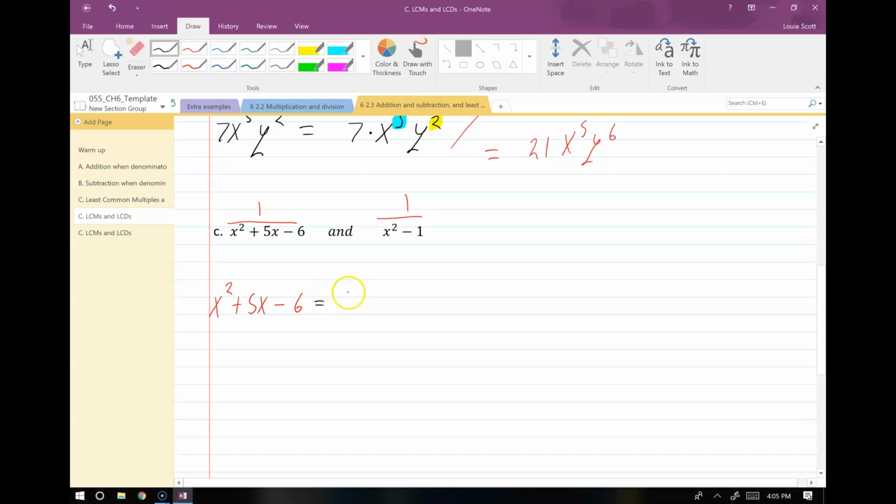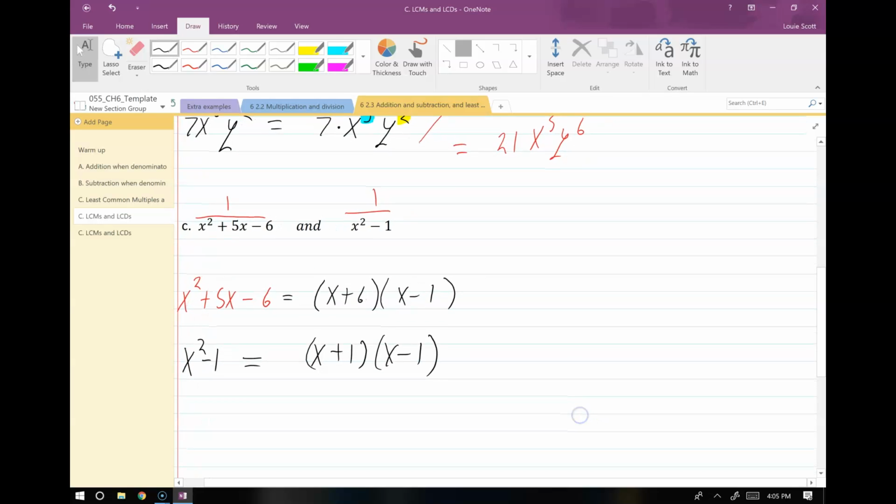I just write out the factors, right? And so this first one factors into x plus 6 and x minus 1. And then x squared minus 1, we know what that factors into. It's x plus 1 and x minus 1. So I select one of these, that one there.